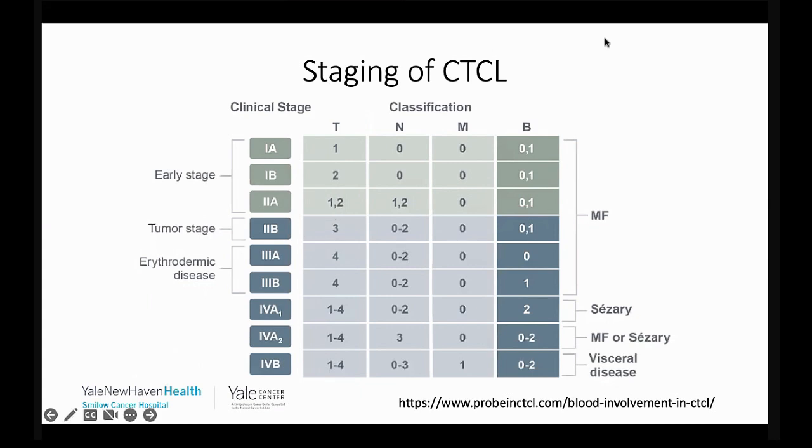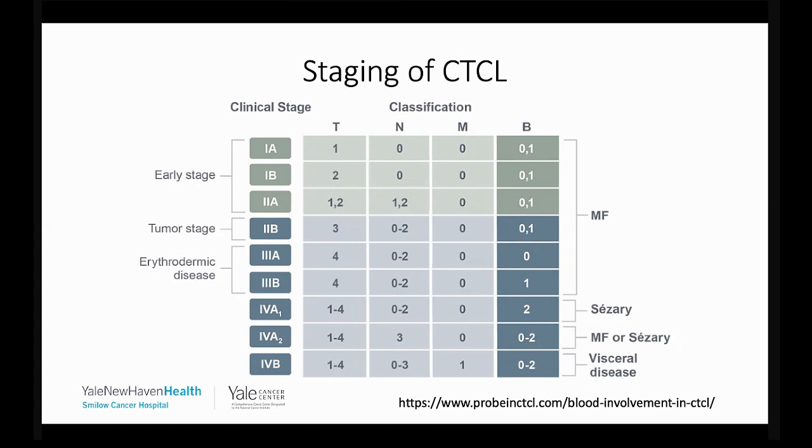So going on to what is advanced stage disease? As I mentioned, the TNMB classification leads to the description of the staging of the disease as stage 1 to stage 4. This nomenclature is more similar to what you would hear about for other cancers. Early stage disease is stage 1A to 2A.